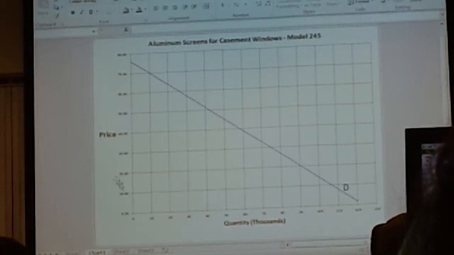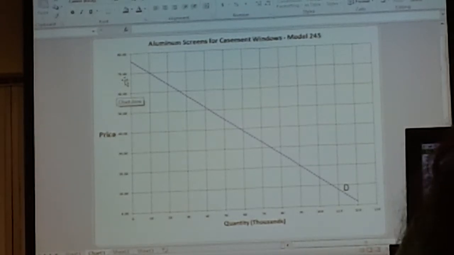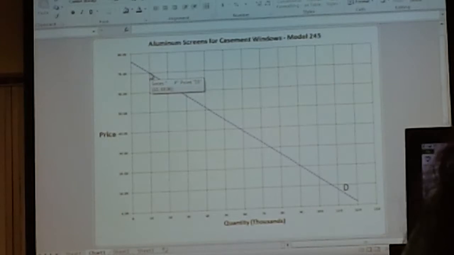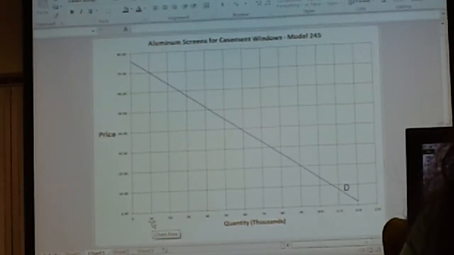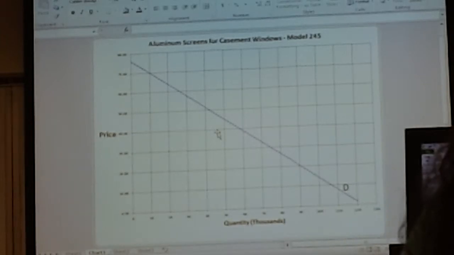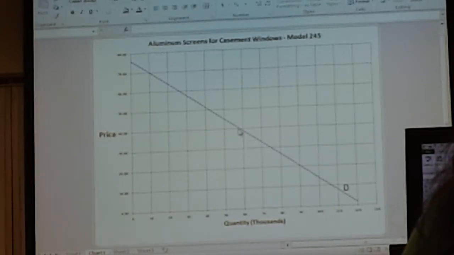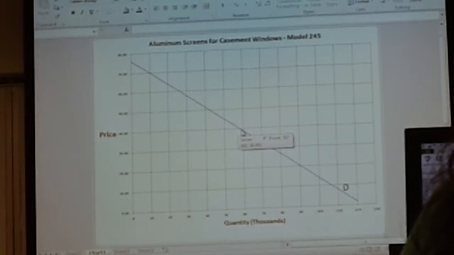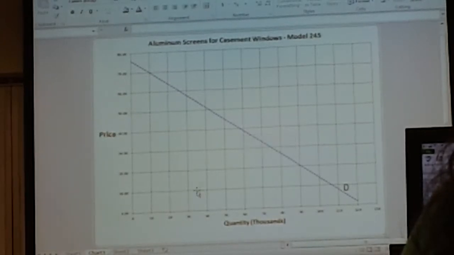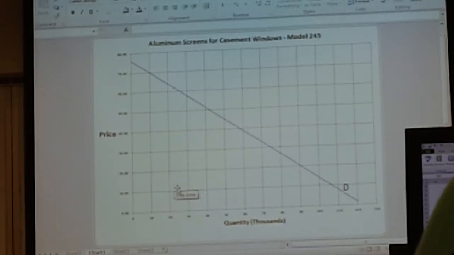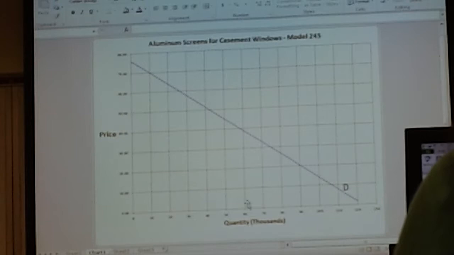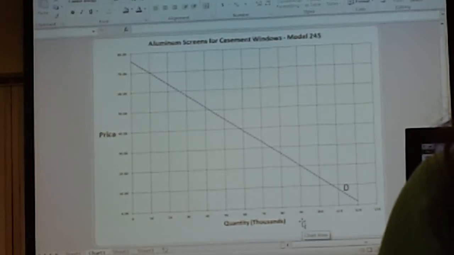So this way we can see what happens. If we come out with a price of $70 a piece, we'll sell 10,000. Come out with a price of 40 a piece, we'll sell somewhere close to 60,000. If we sell for $20 a piece, we'll be able to sell 90,000.